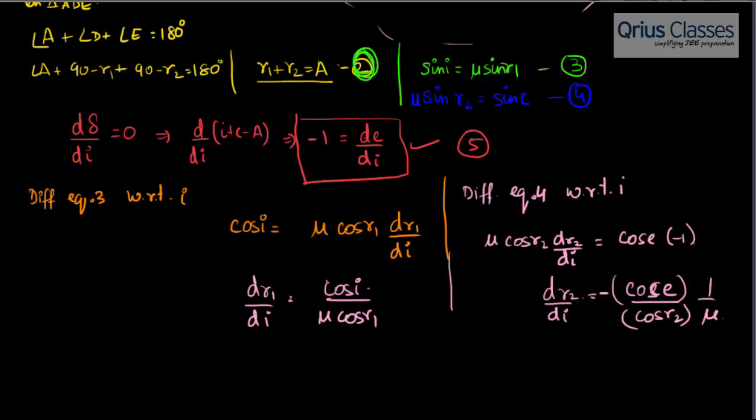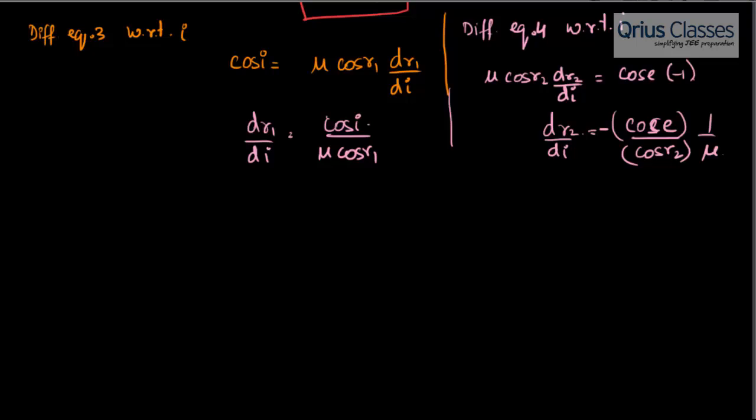Now we know that R1 plus R2 is A from equation number 2. This gives us that dr1 by di plus dr2 by di must be dA by di. However, A is a constant, so it must be 0. So adding these two, we must get the answer as 0.